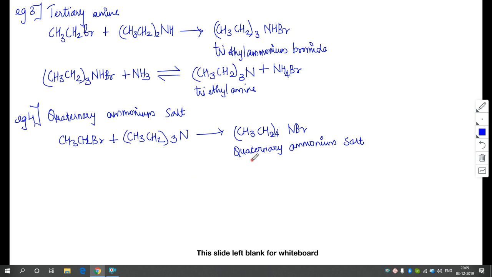Repeated nucleophilic substitution is happening till we get the quaternary ammonium salt, with the electron donating alkyl groups.